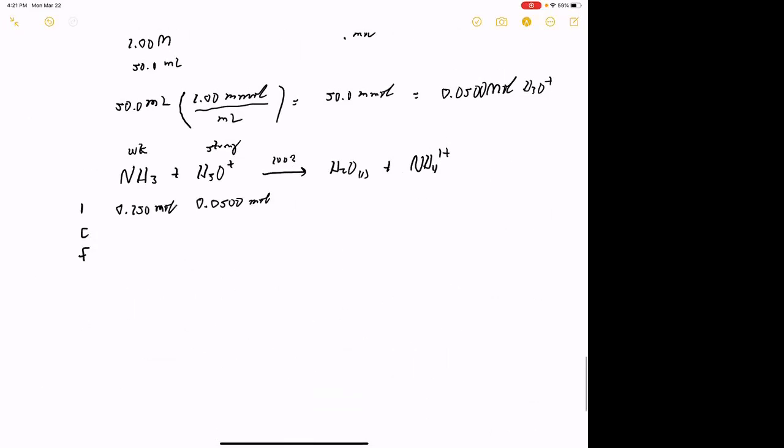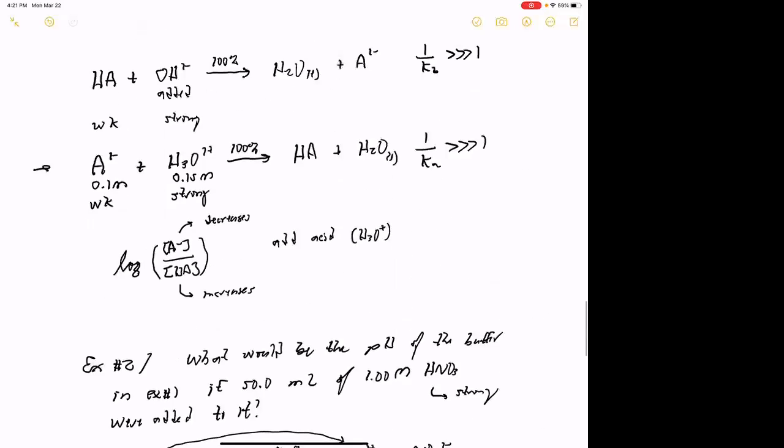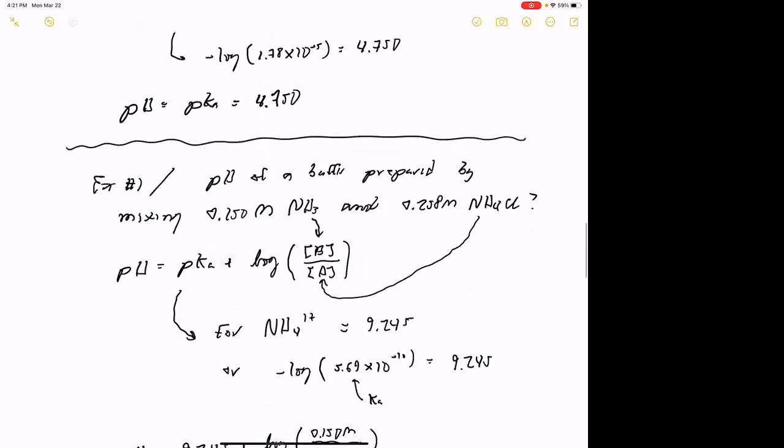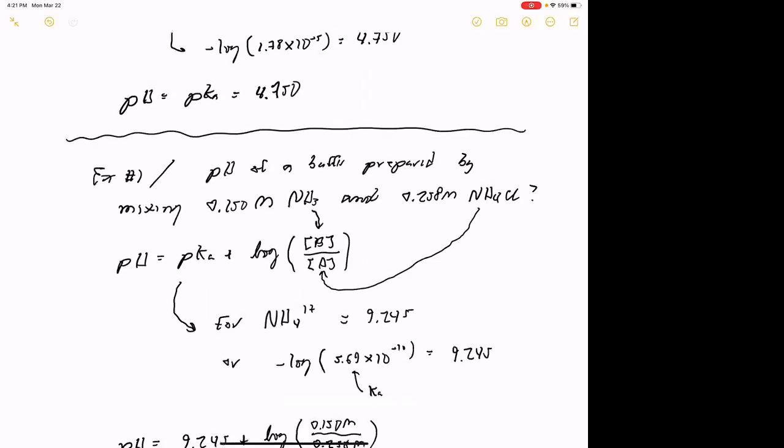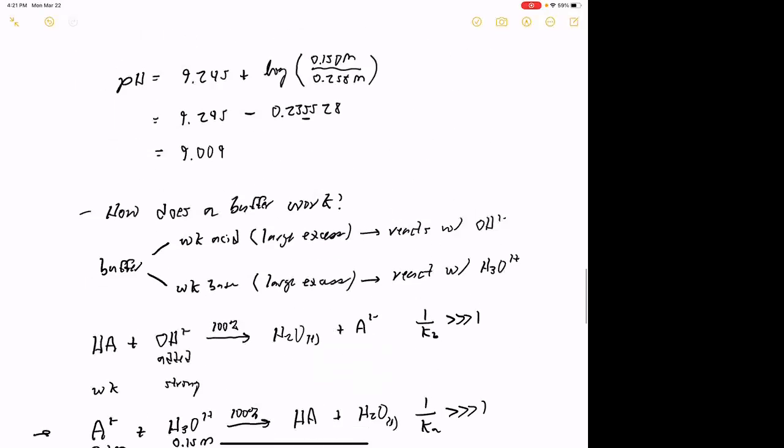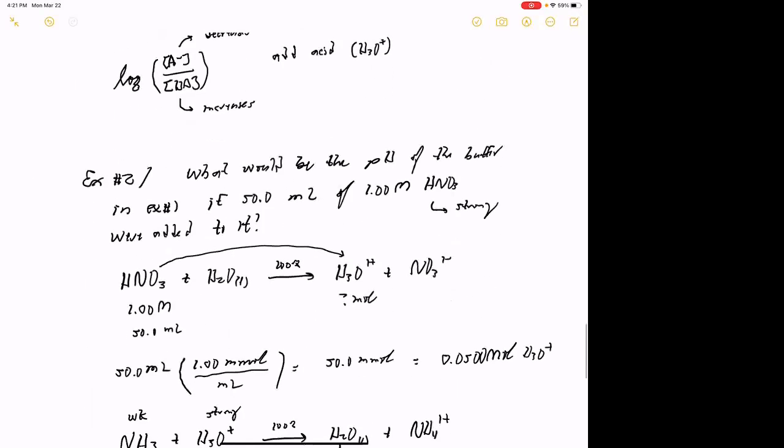I'll just write moles up here. Water, we don't worry about, right? We never do. Is there any ammonium in there? Yeah, there is because we made the buffer, right? So if we go back up here, in 1 liter, I've got 0.258 moles of ammonium. So I have to put that in there.